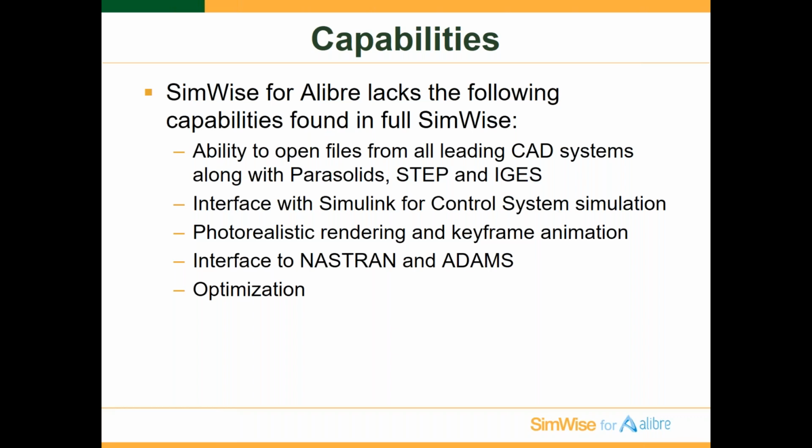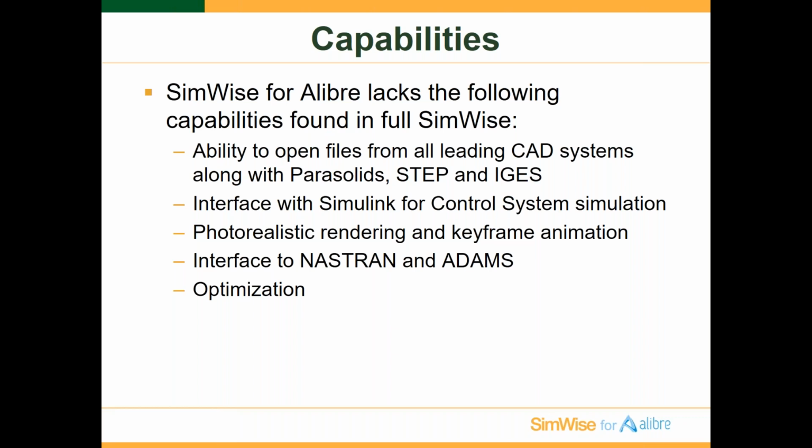That's only available in full SimWise. Photorealistic rendering and keyframe animation we've removed from SimWise. Some of that you already have in Alibre. We've also removed external interfaces to Nastran and Adams, and we've removed optimization that's contained in the full SimWise.